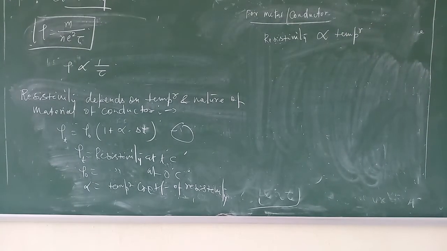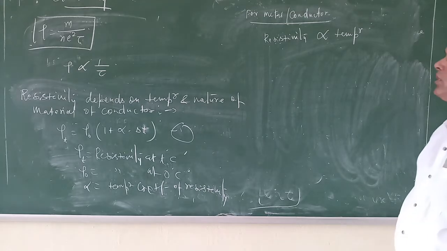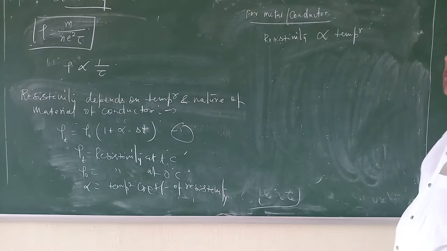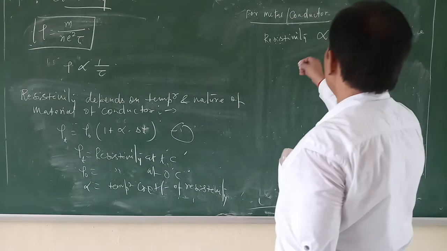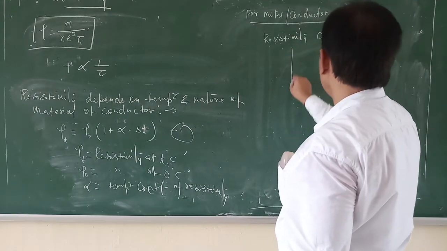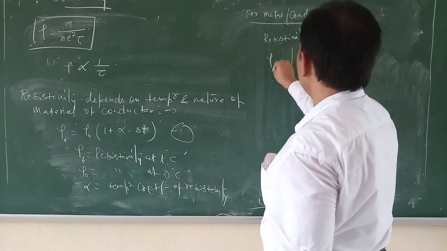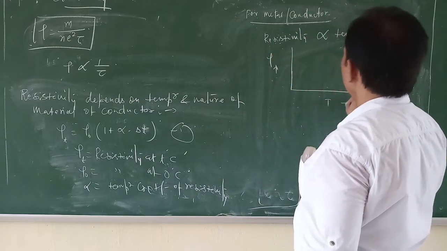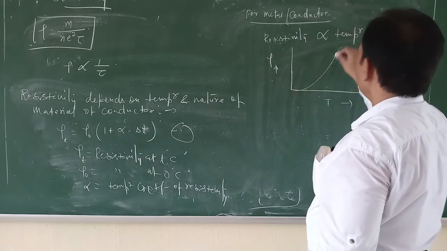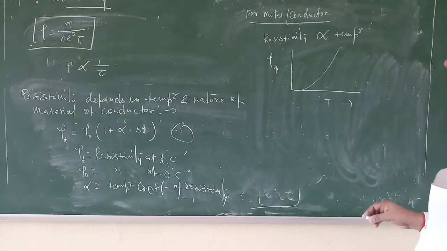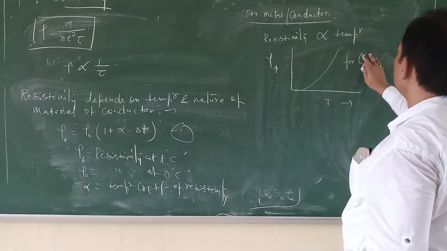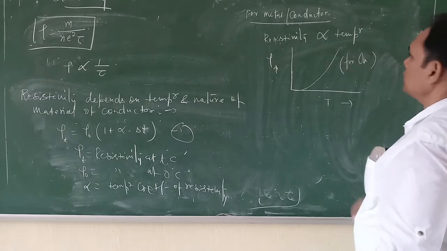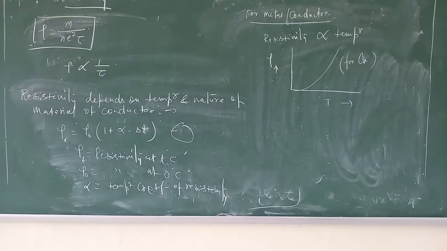If we increase the temperature, then resistivity will also increase. And you can plot the graph, this is for resistivity and this is for temperature. So a graph like that will be there. This is especially for a metal, copper.